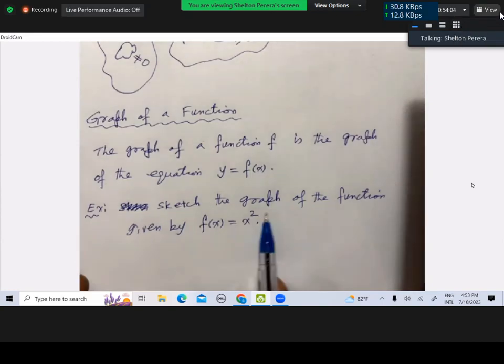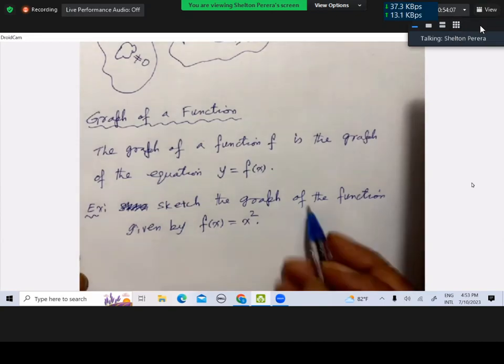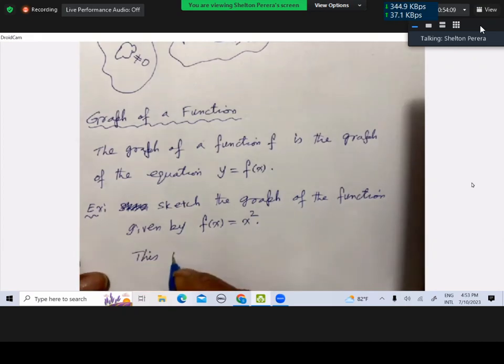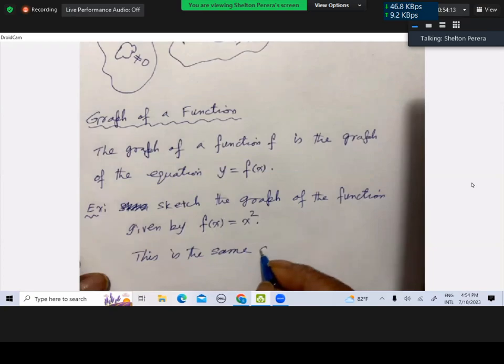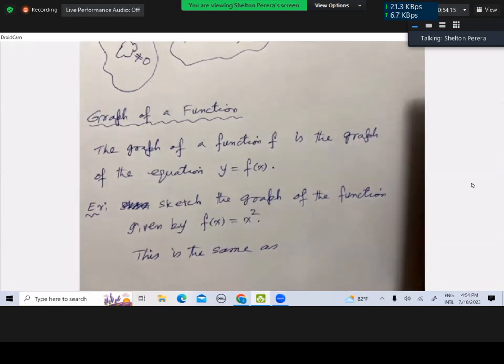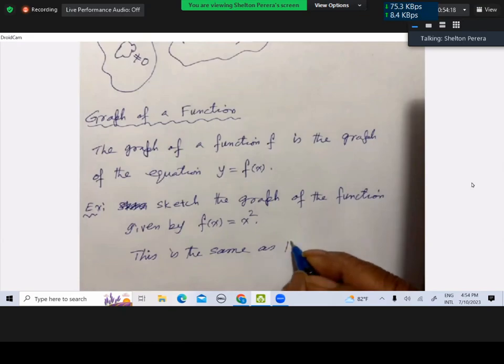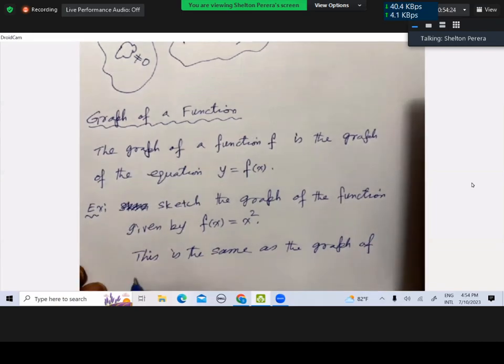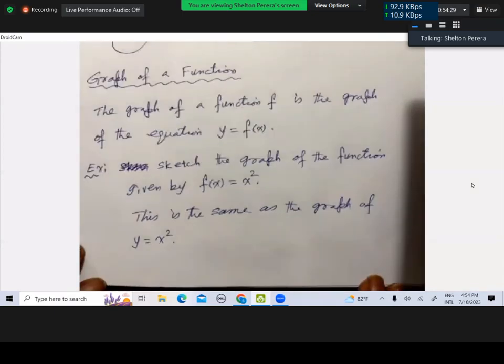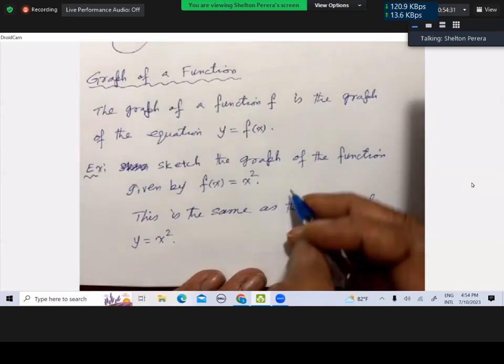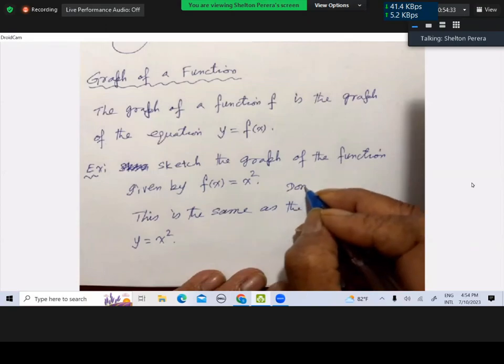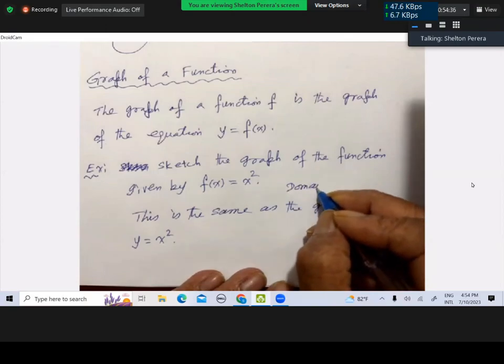So this is the same as the graph of y equals x squared. We did it last time. What is the domain? Domain of x squared, any real number.